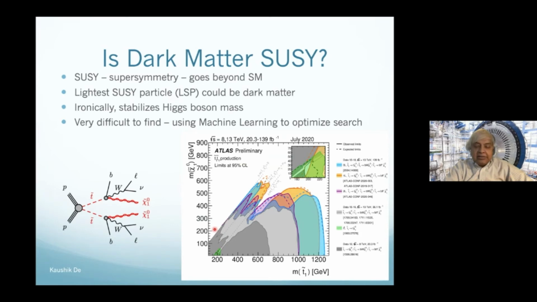Supersymmetric models go beyond the Standard Model and postulate that there are partner particles to every particle that we have discovered so far in the Standard Model. In supersymmetric models, there is a lightest supersymmetric particle, called the LSP, which could be dark matter.